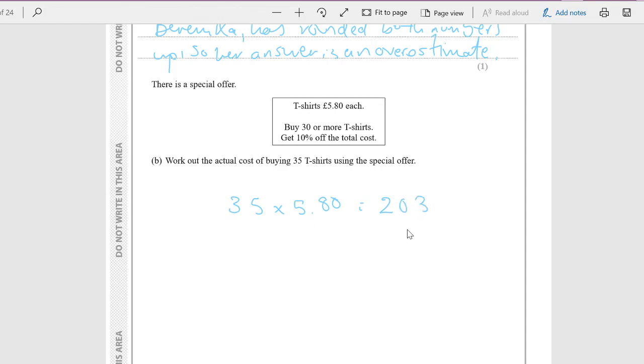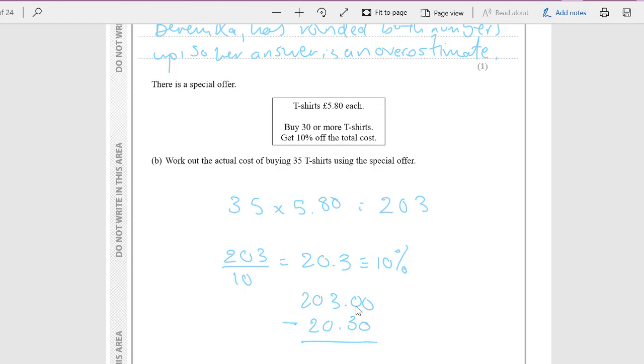Now, working out 10% of that, so 10% of 203 gives us 20.3. So this equates to 10%. Then we say 203, and we want to take away £20.30.